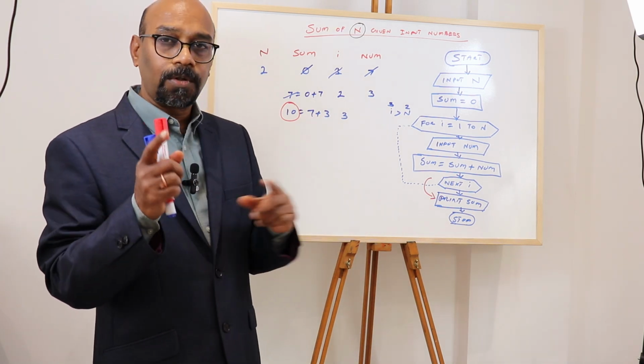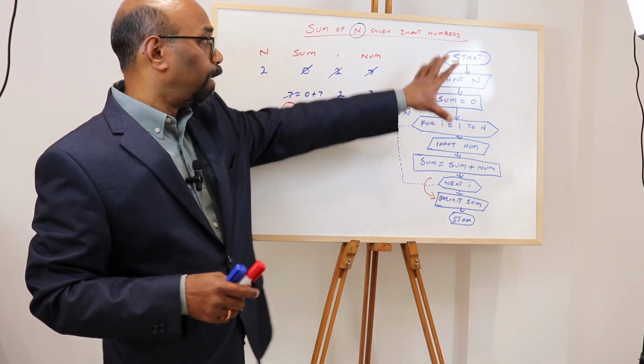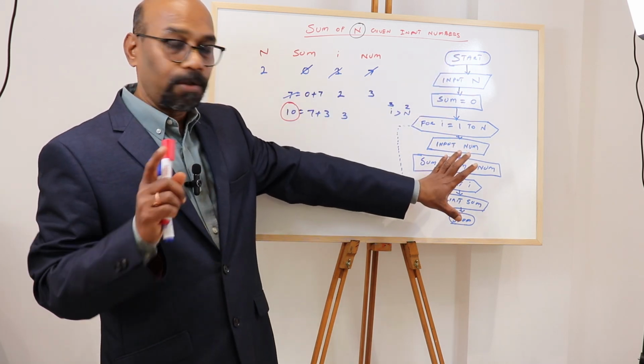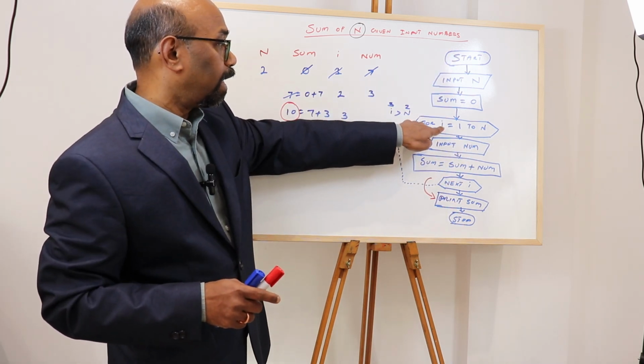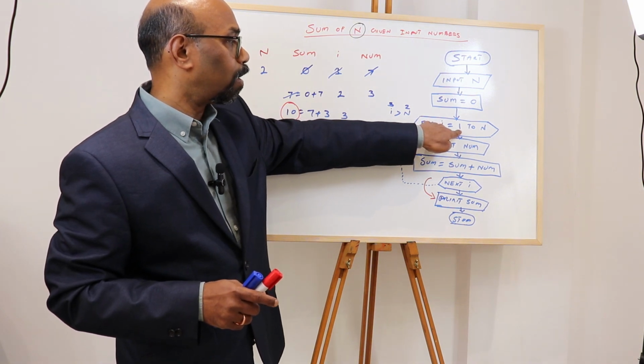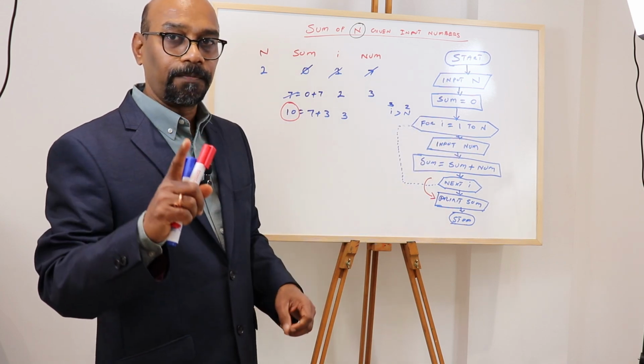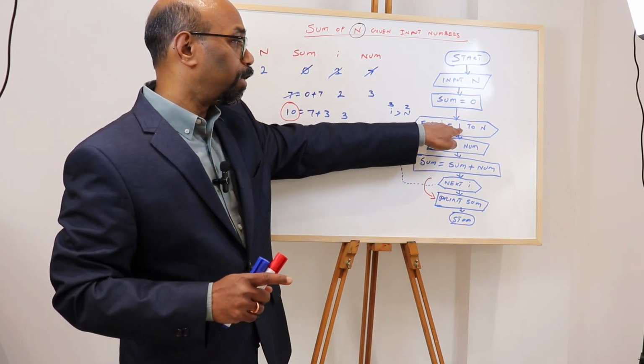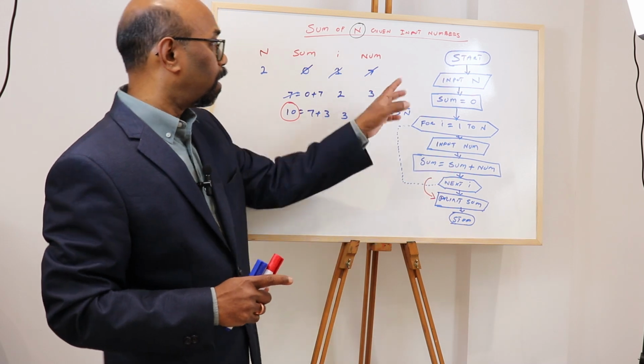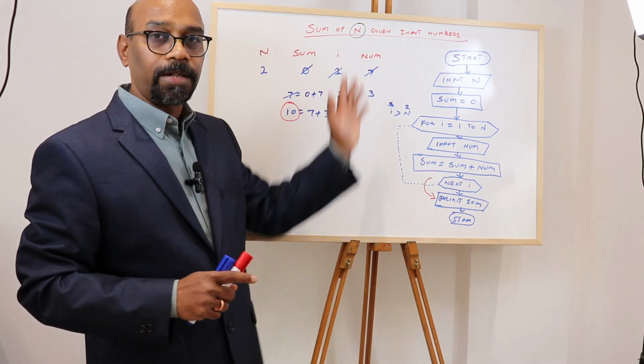I am going to give a small exercise now. You copy this flow chart in your notebook. Change the I value. Instead of starting with 1, start with 0. Okay, start with 0 to n. Then you do your own testing.